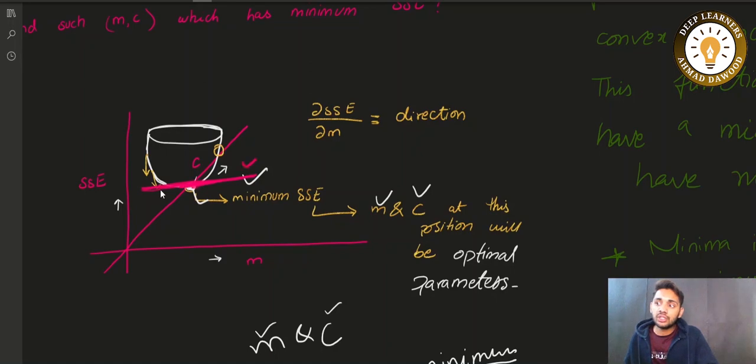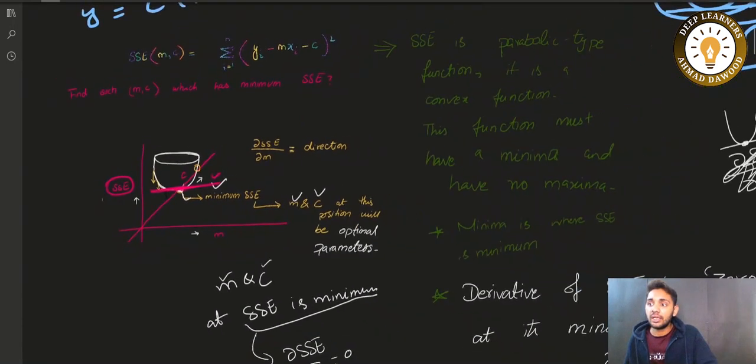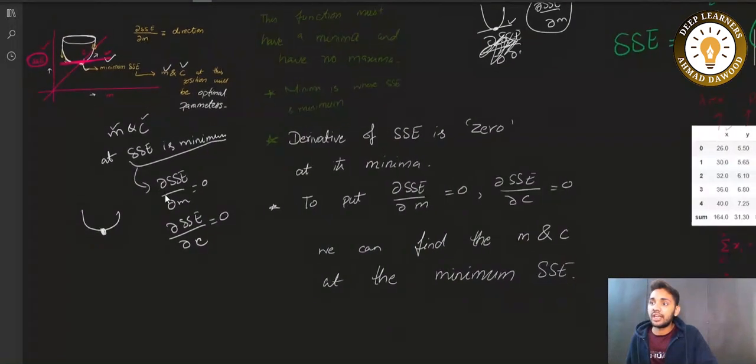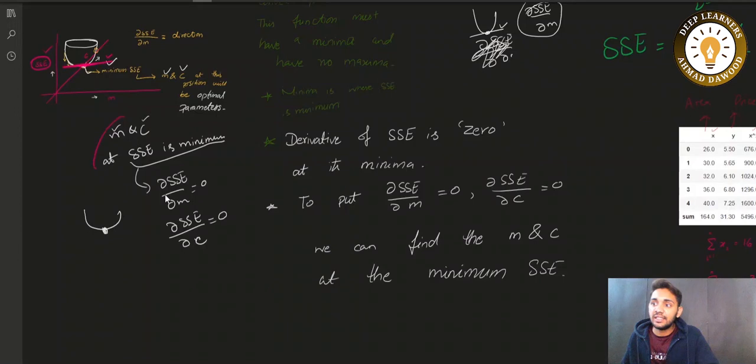At this position the SSE will be minimum. Then if we take partial derivatives of our SSE and make them equal to zero, we can get our M and C where SSE is minimum.